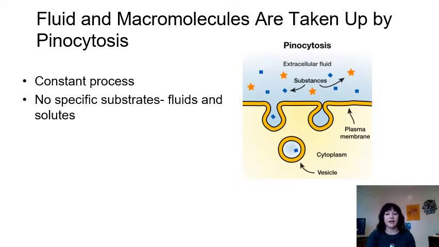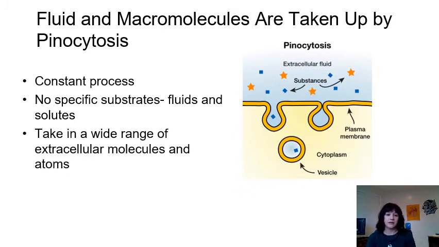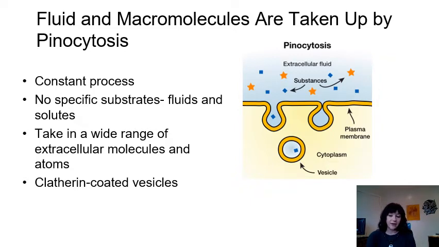And again, it's not specific for anything. It is just taking whatever is in the surroundings. Okay, so this is also called cell drinking, because it's just always happening and it's taking up a lot of fluid, right? And you've seen this formation of vesicles before, and sure enough, the mechanisms behind the formation of these vesicles for pinocytosis involve clathrin.